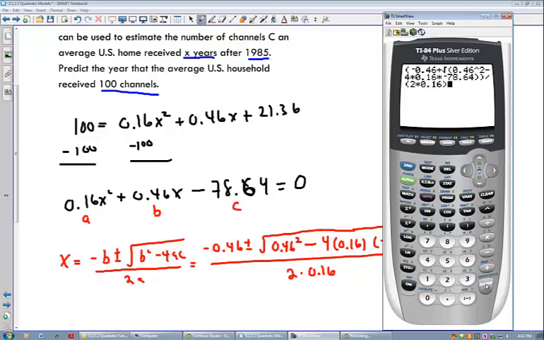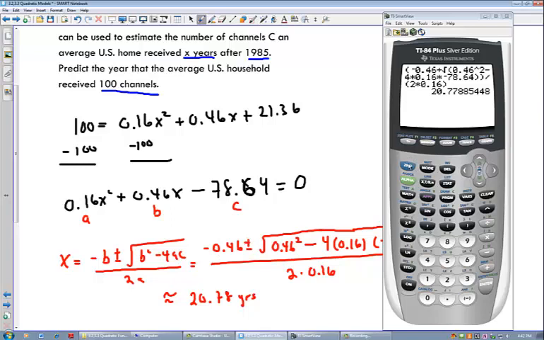If I put this in right, it should get out about 21 years. So this is approximately, let's round to 2 decimal places, 20.78 years. Now that's if I do the plus.